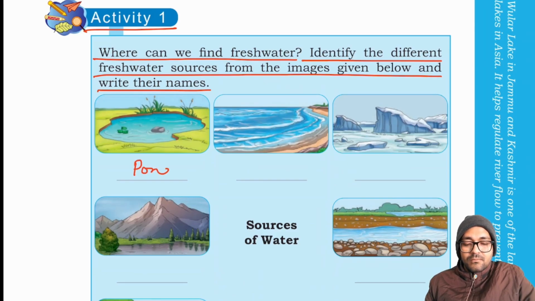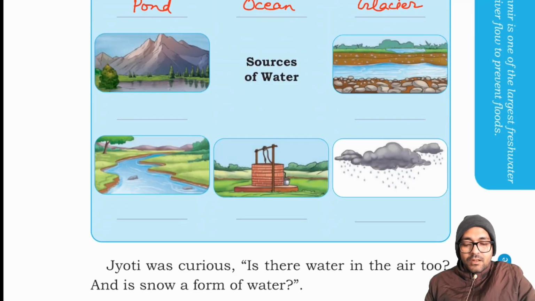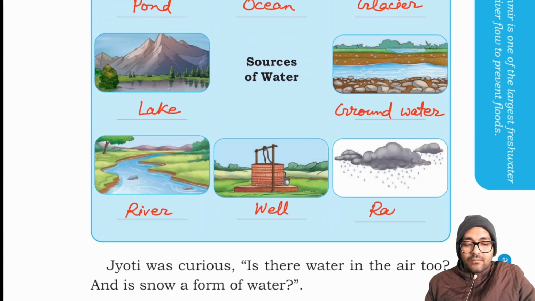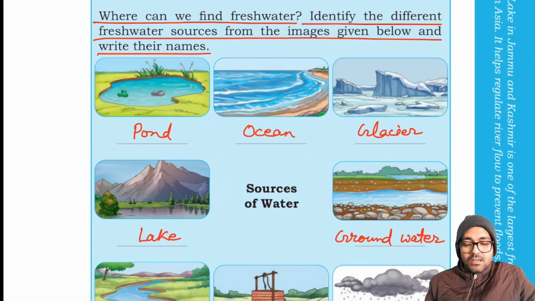This is pond, this is ocean, glacier, lake, groundwater, river, well, rain. These are sources of water. Except ocean, all others are sources of fresh water.